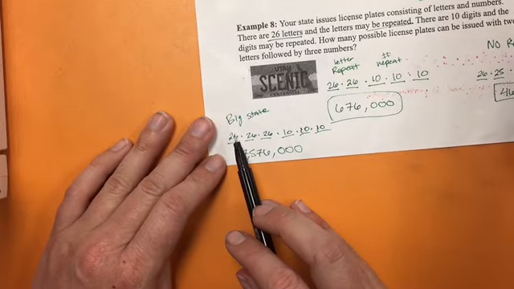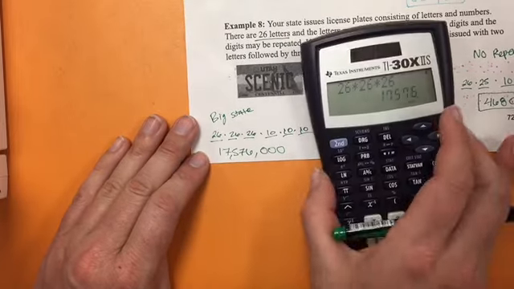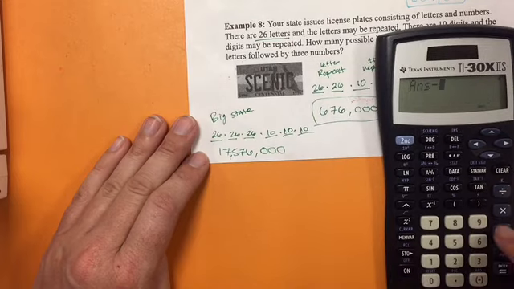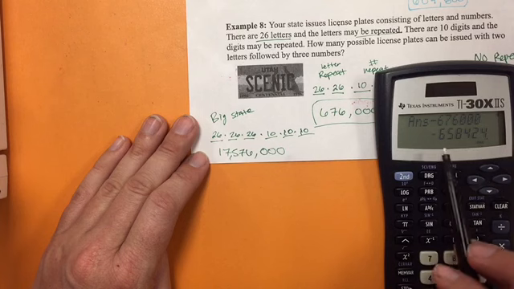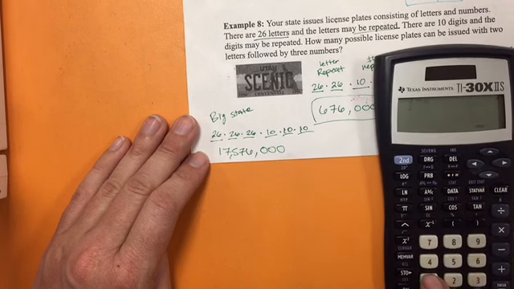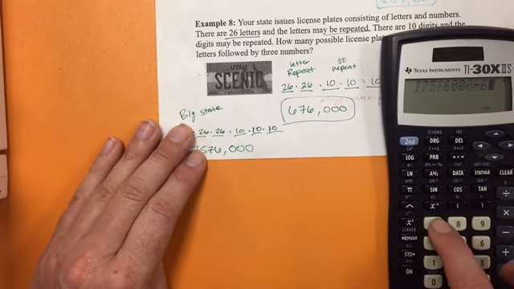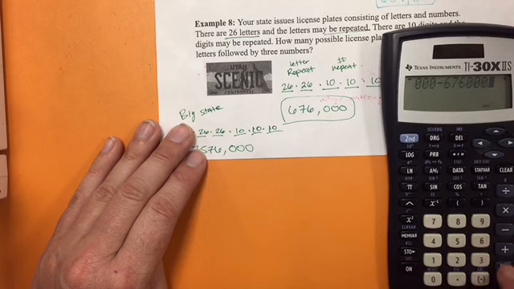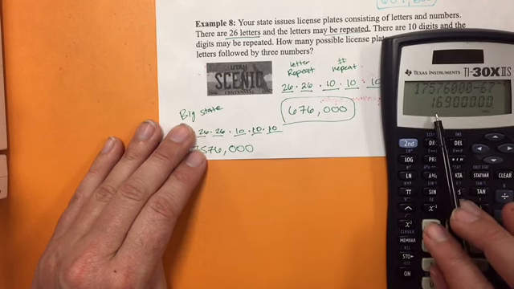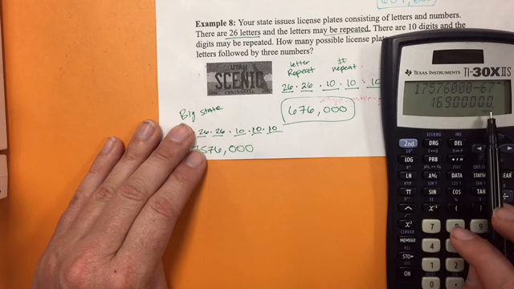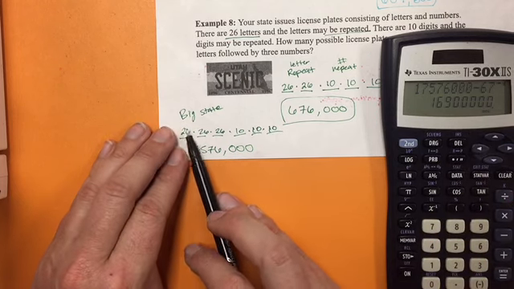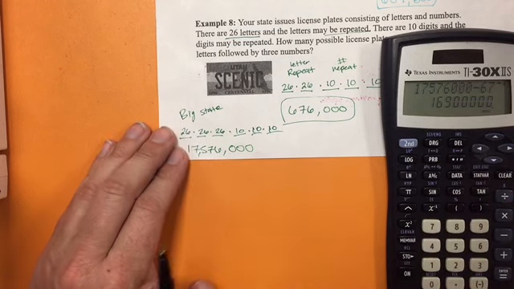So just by adding that extra letter on, that's how many extra license plates you have just by adding on that 26, that one extra letter to your license plate.